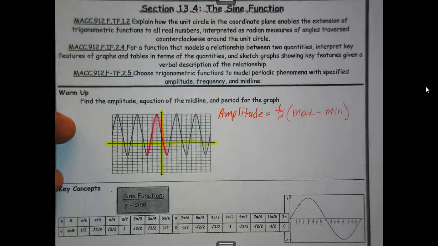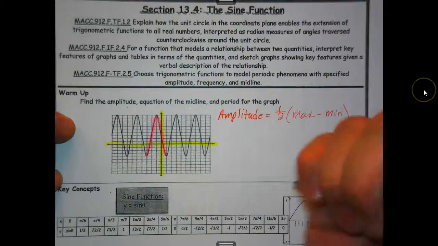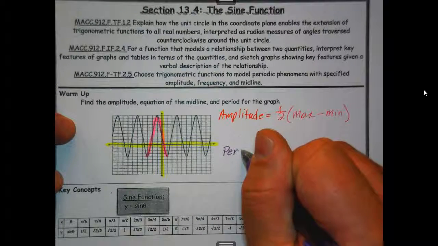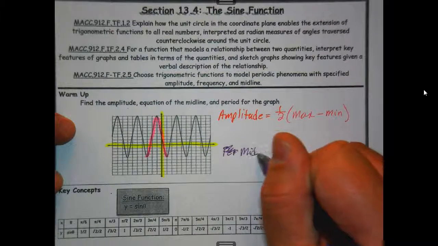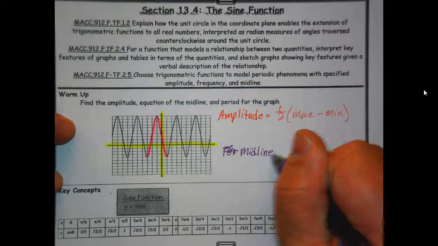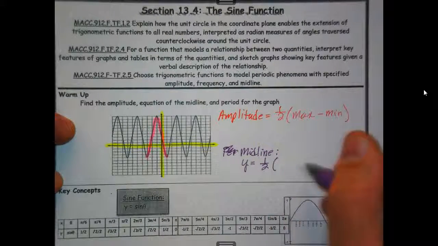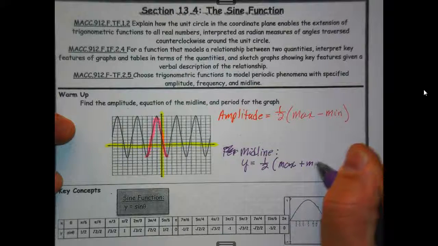And how do we find the period? That's right, it's not the period, the midline. Midline's the average. Y equals 1/2 max plus min.